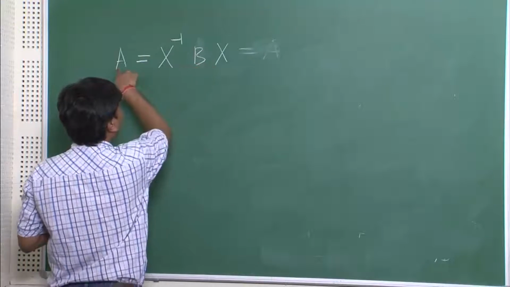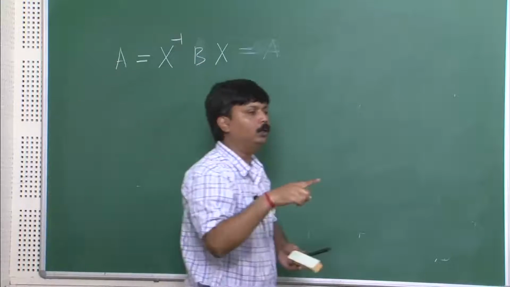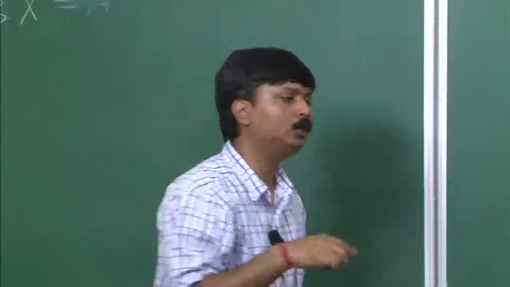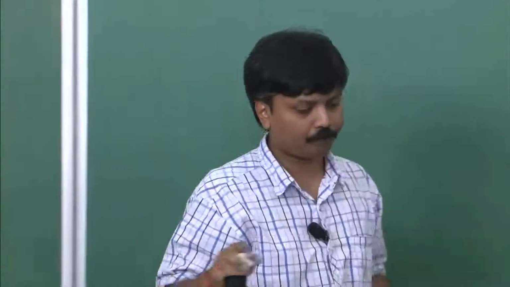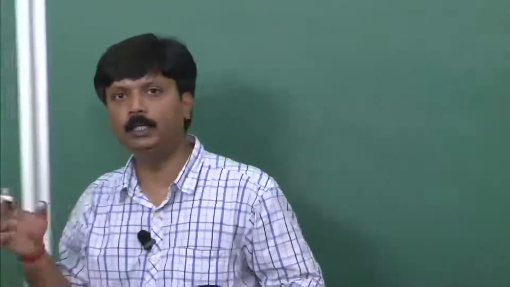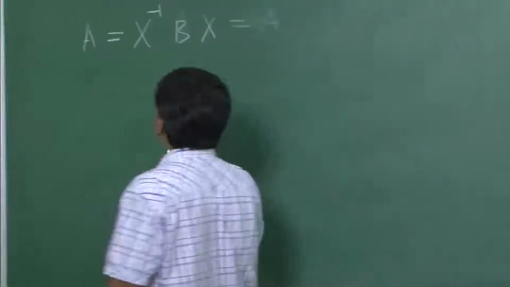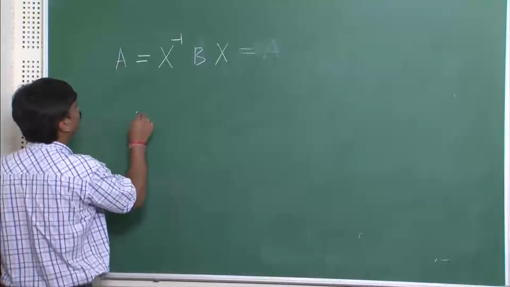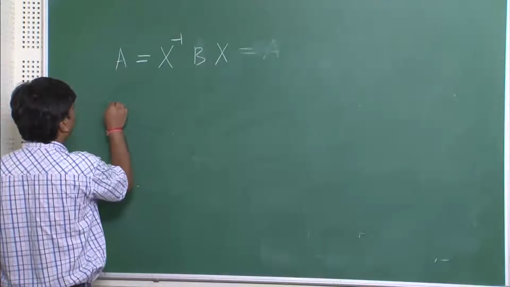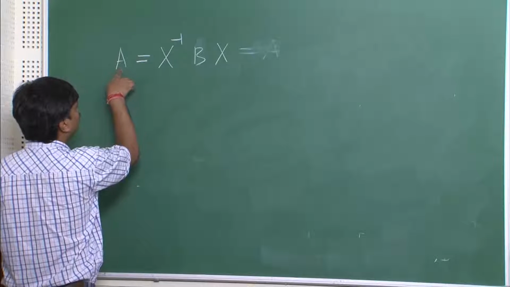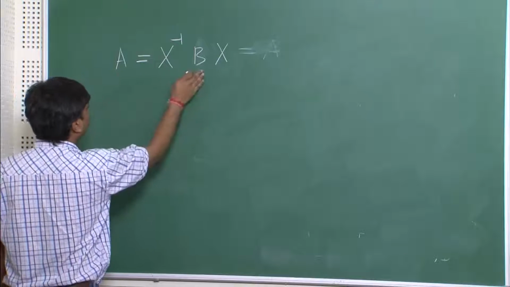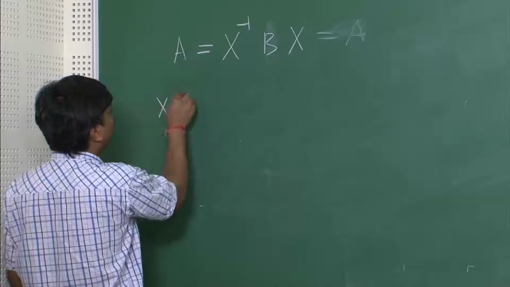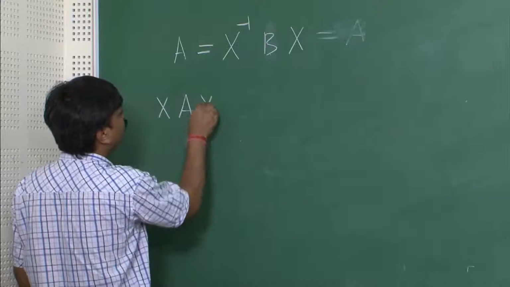So here A and B are conjugate. So that means B and A are also conjugate. So B is also conjugate to A. Now how do I prove that? So what I can do is left multiply this A and this side also by x, and right multiply with x inverse.